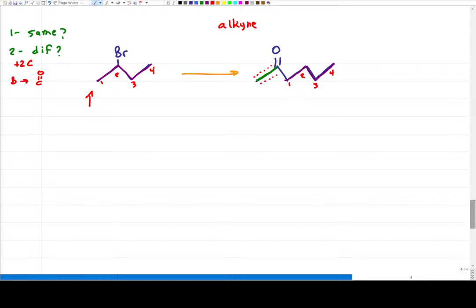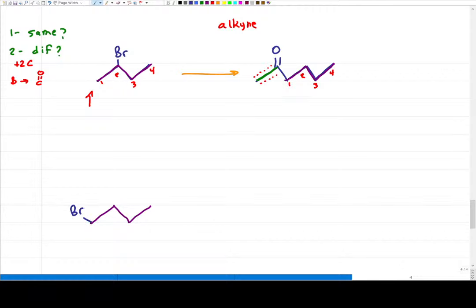If I know I'm doing a chain elongation with an alkyne, that's an SN2 reaction, I need to turn this into a molecule that can have a leaving group at the end to be attacked. And so the reaction that I want to start with is moving the bromine over 1 position. I want to move the bromine over to here.